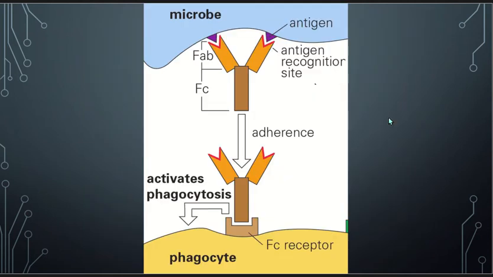And this is just another close-up here. The FAB portion of these antibodies has to bind to the epitopes of this microbial antigen before it can actually use its FC portion to attach to the FC receptor that's on the surface of the phagocyte.